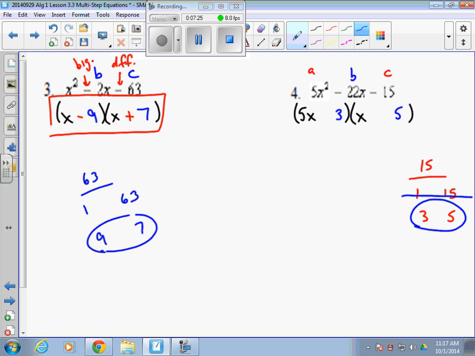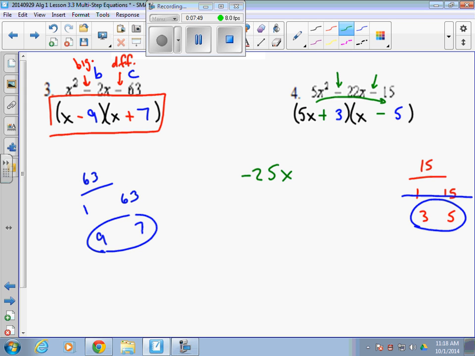When we FOIL this, go back to what I told you about the signs. This sign says that they're different signs. This one tells you the larger number is negative. So 5 is larger, so it's going to be negative. 3 is smaller, it's going to be positive. When you FOIL this, 5x times negative 5x, you get negative 25x.